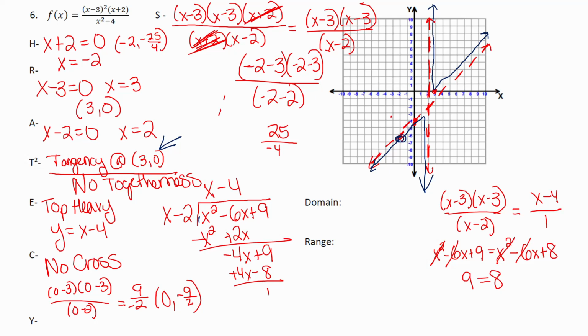We have a -2 problem, that's because of the hole, and then we also have a problem at 2 because of the vertical asymptote. So I'm going to notate my domain is from negative infinity to -2, -2 to 2, and 2 to infinity, just like that.